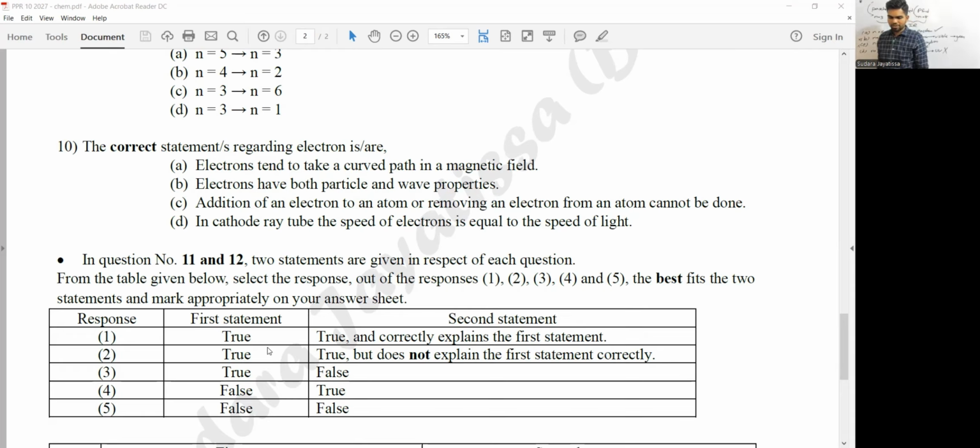To make cations, we remove electrons. To make anions, we add electrons. You saw that last week also when we wrote ion configurations, no? So C is wrong. Electron addition and removal can be done.